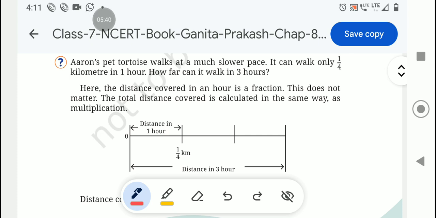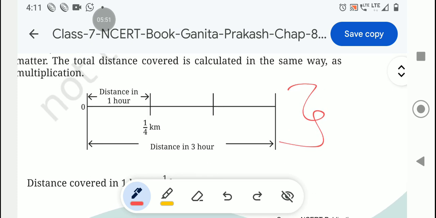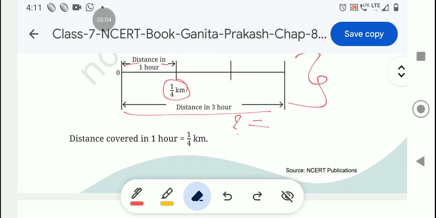Here they have given a diagram. This is the distance in 1 hour, which is 1/4 kilometer, and we have to find the distance in 3 hours. This is the solution.